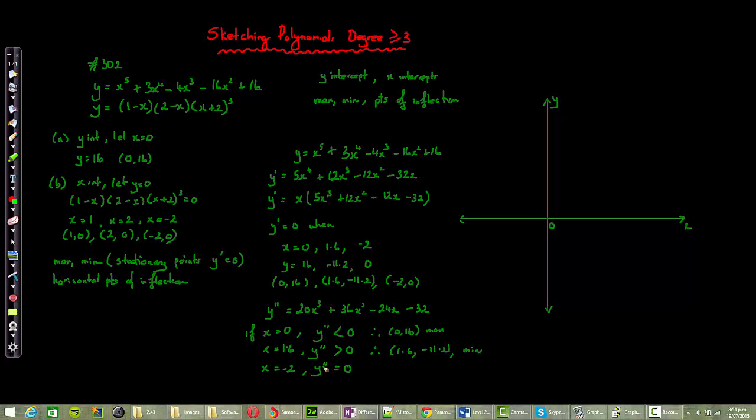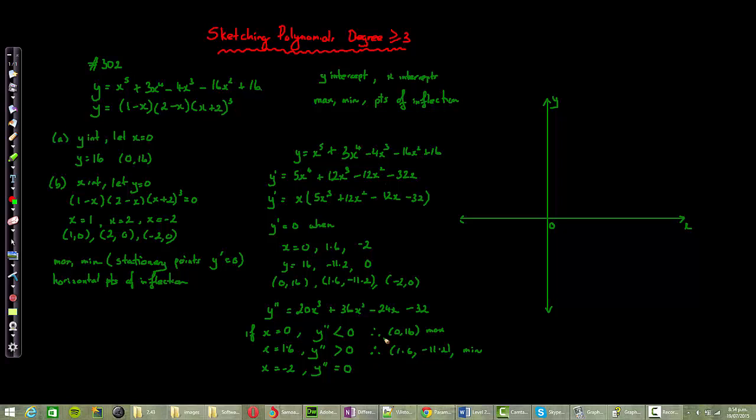But you've got to be a little bit careful when you have an x value where the first derivative is equal to 0 and also the second derivative is equal to 0. It may be pointing to a horizontal point of inflection, but there are situations of test failure, which I'll have a look at an example of in class with you.